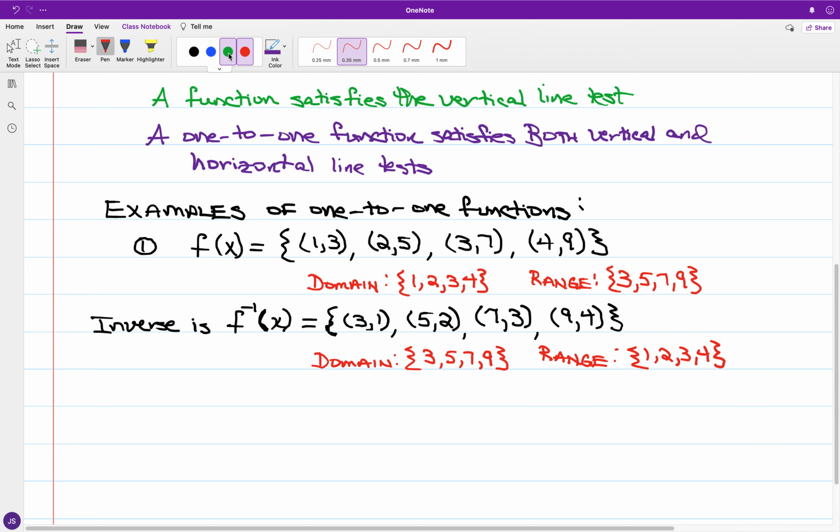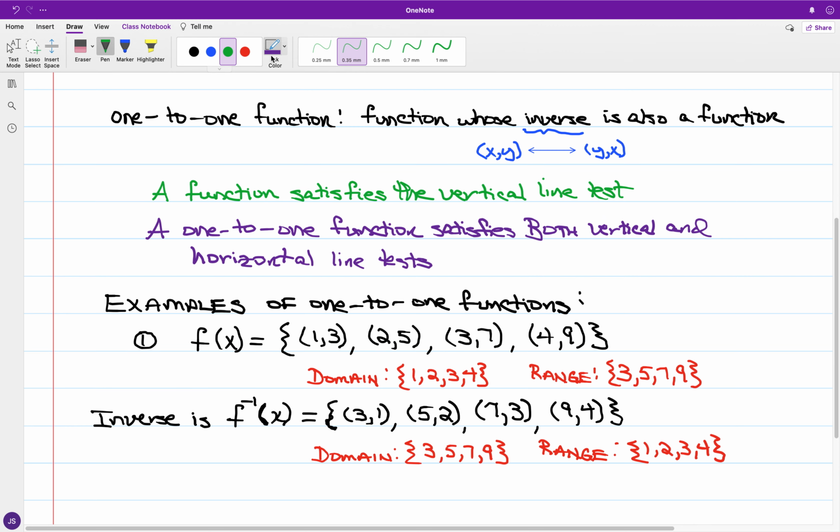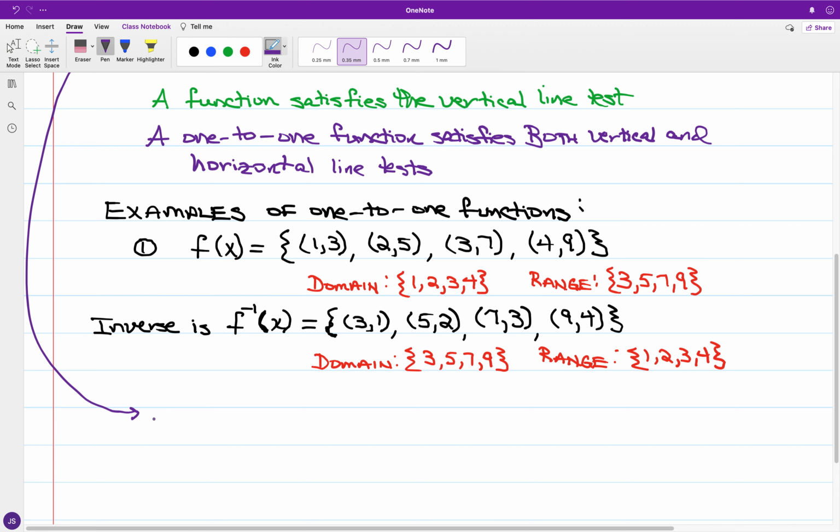And again, just to restate, we have a one-to-one function and its inverse will have interchanging x and y values.